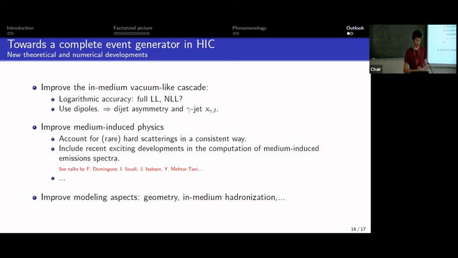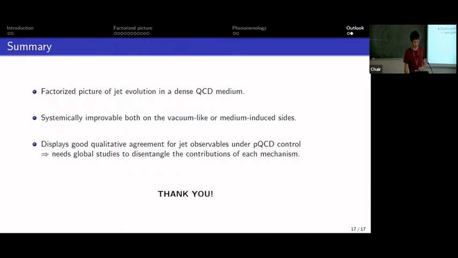All these developments, I believe, could be included in this kind of picture. It can be done either in our framework or any other, but from my point of view it's a nice common ground to start including refinements in every domain of the jet-medium interaction and jet propagation inside the plasma. All right, so that's basically it. Thank you very much.